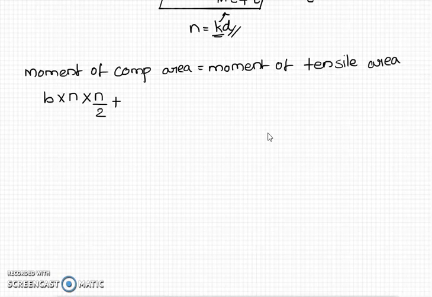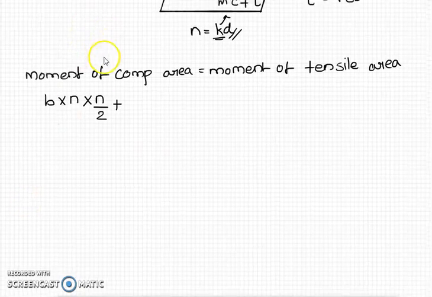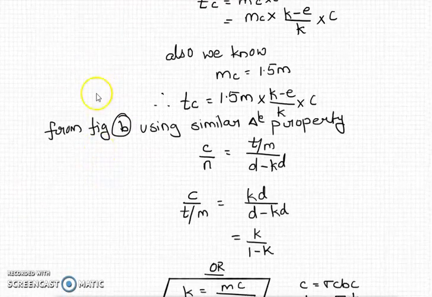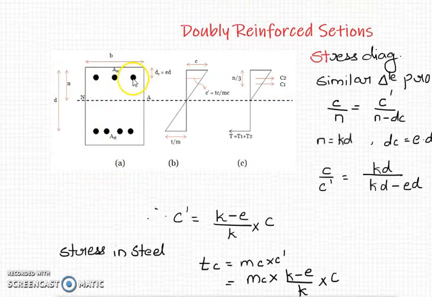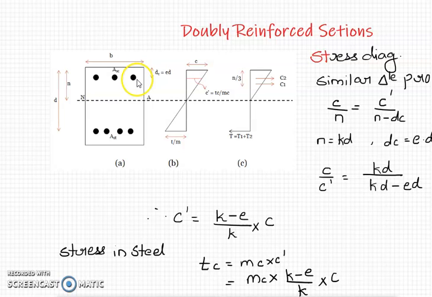Plus, I will have to add now the area of steel in compression that is provided here, because we also have ASC here. Earlier there was no ASC, so in compression zone it was only the area of concrete. Now it is area of concrete plus the area of steel that is there in the compression zone.